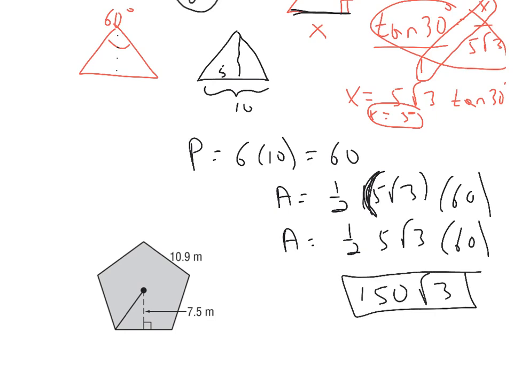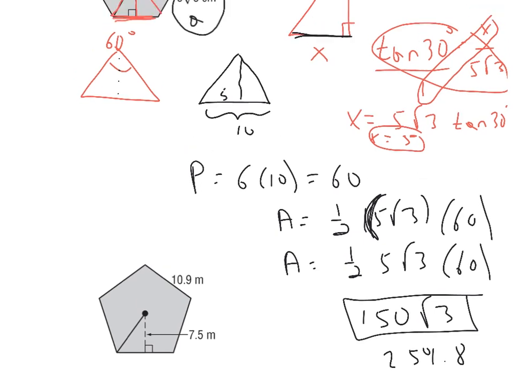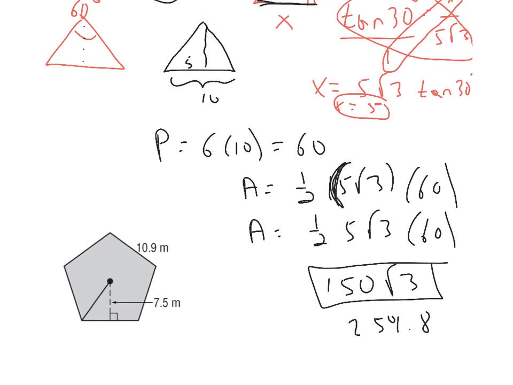If you put this in a calculator, 150 radical 3, okay, you'll get about 259.8. 259.8 square units, and the units in this case, I believe, were centimeters.